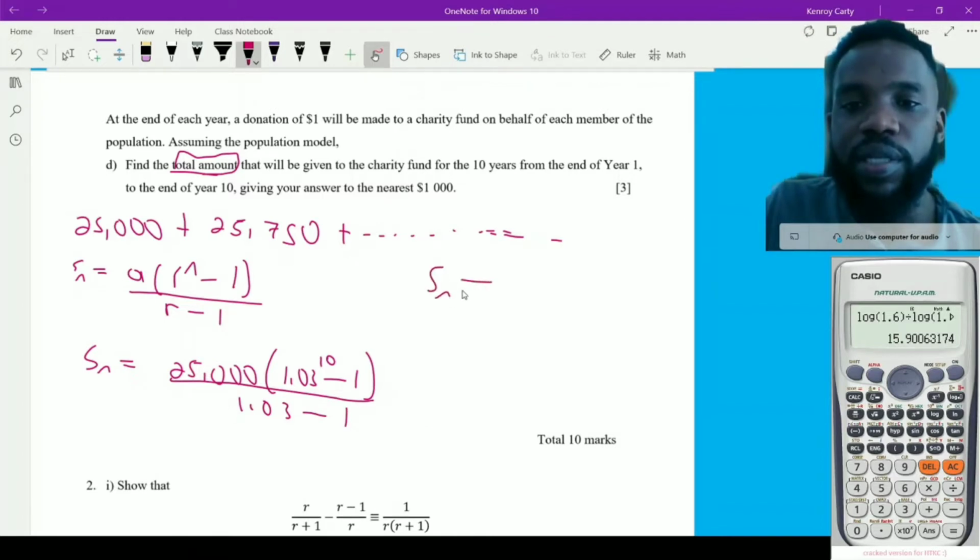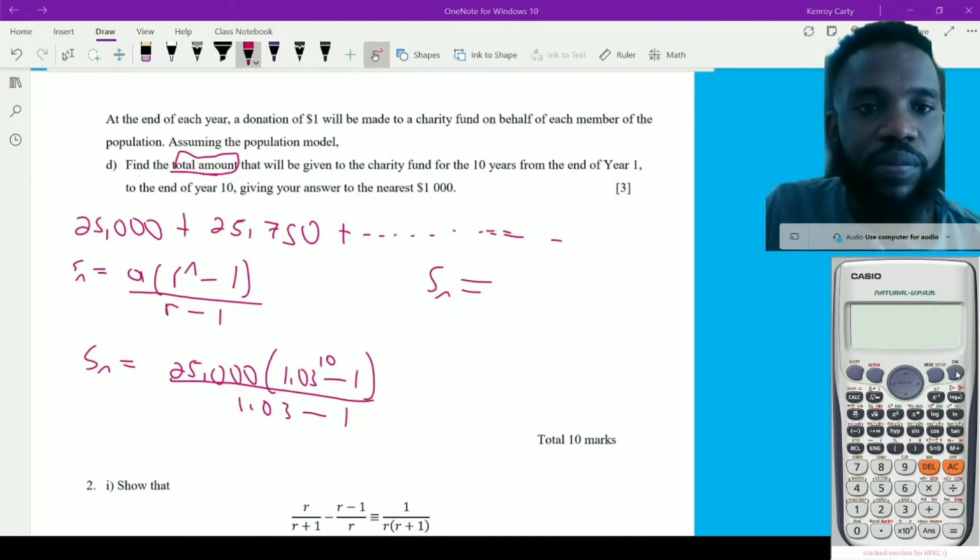All right, so in this case, I simply just need to bring up my calculator and I can put all of this in my calculator all at once. So let me go.